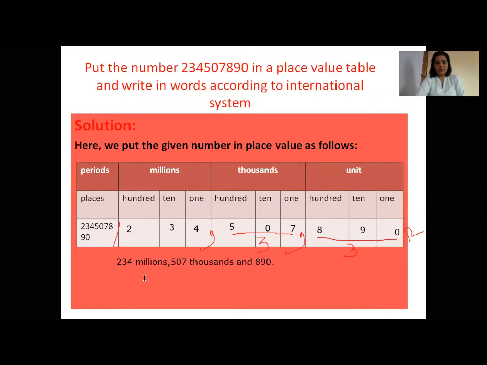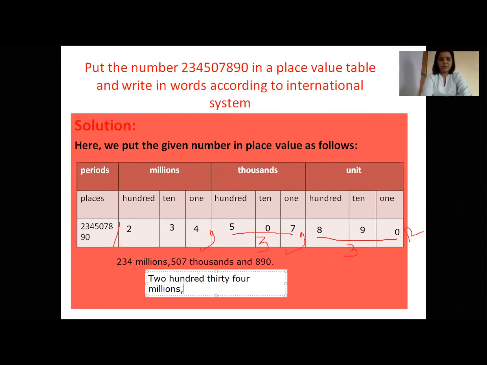Now we can write the number in words as 234 millions, 507 thousands, 890.